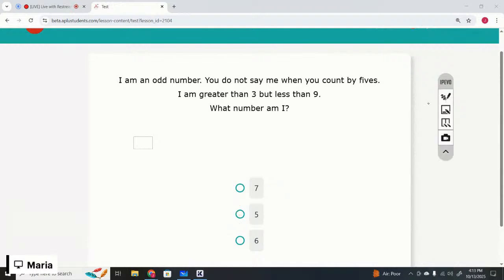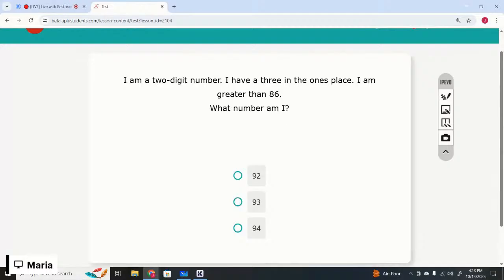That is 7, because the odd number is 7. 6 is an even number.